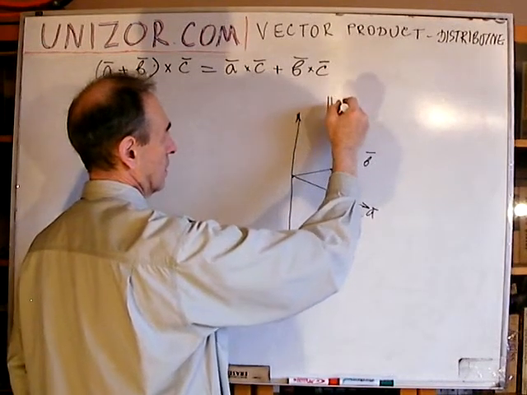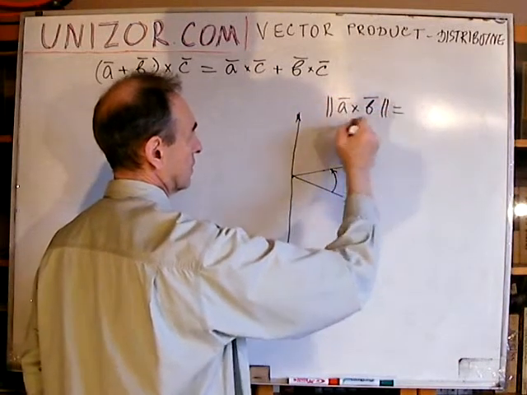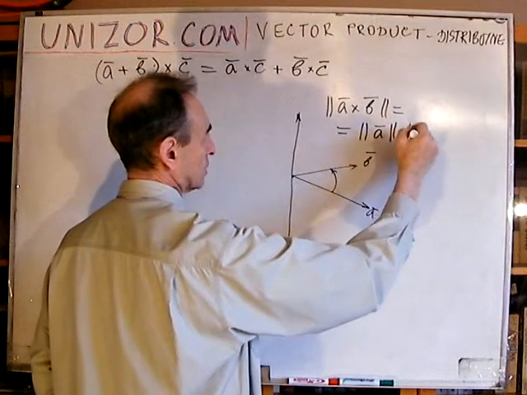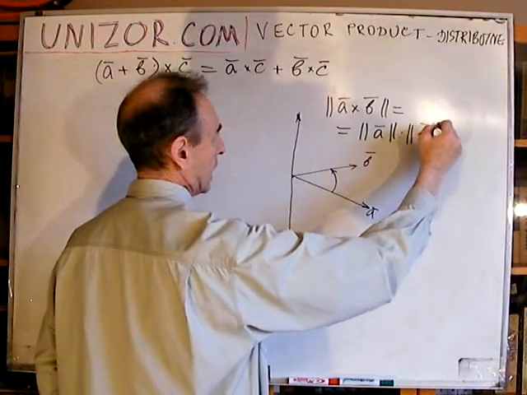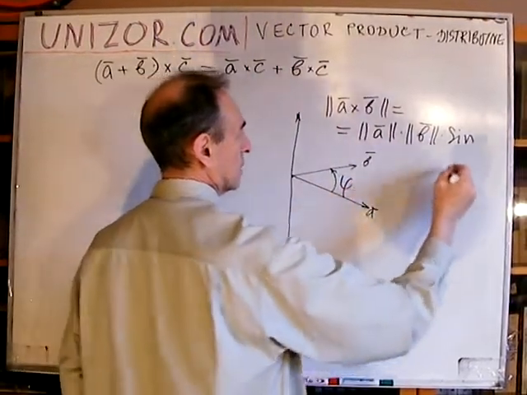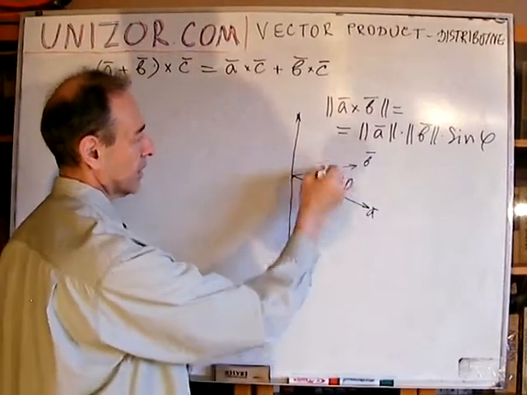So in this particular case, the direction would be upwards, and the magnitude of this vector is equal to the product of the magnitudes of these two vectors times the sine of the phi angle, the smaller angle between them.